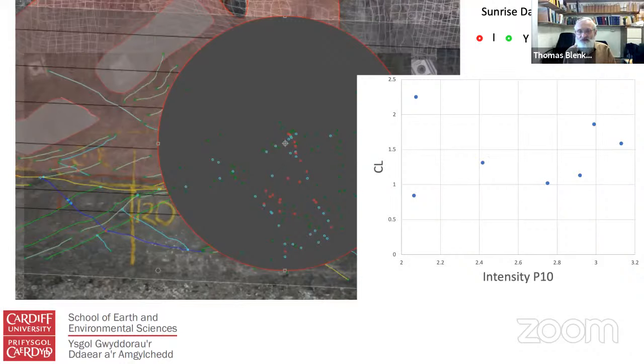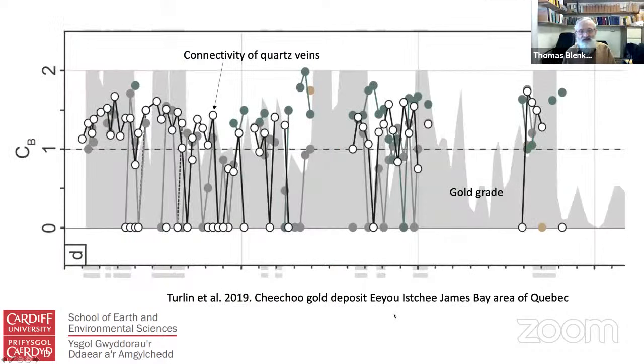And I want to direct you now to the work of Turlin and others in 2019, the Choo Choo gold deposit, in which they looked at connectivity of different types of veins on a core scale and correlated that with gold grades. So in the background here, you can see in the gray colors the gold grades, and in the white dots joined by the black line you can see the fluctuations in connectivity of the quartz veins.